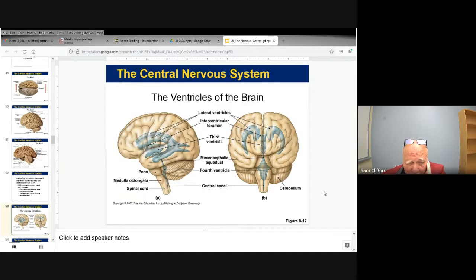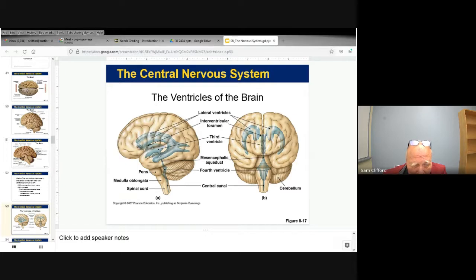If you look at the ventricles of the brain, you have the lateral ventricles, which are paired structures, and they communicate to the third ventricle, and then you have communication to the fourth ventricle through the mesencephalic aqueduct. Here's the pons, the medulla oblongata, the spinal cord. Notice that the lateral ventricles are enormous.